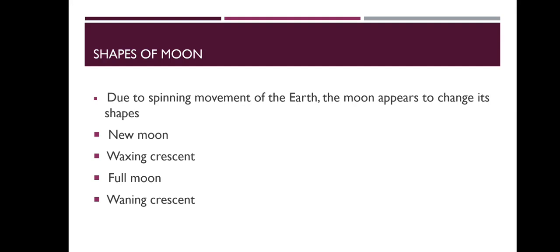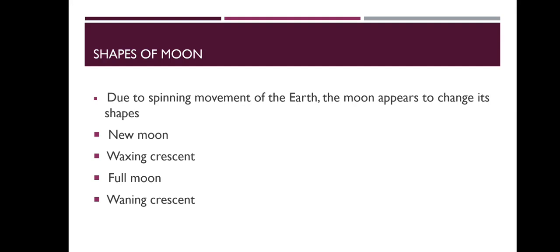When Earth spins, the amount of light that is falling on the moon is changed. Due to the changing amount of light, the shape of the moon also changes, because we can see only that part of the moon that is reflecting the light.